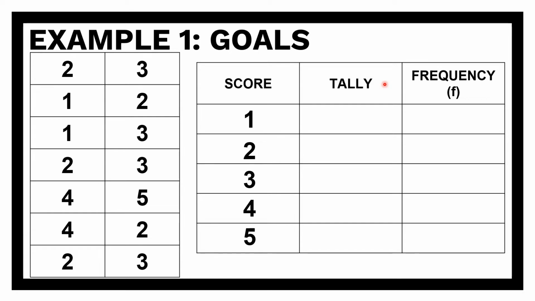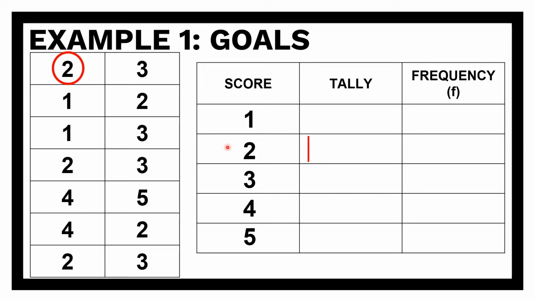So here is how we will do the tallying. We will look at the table horizontally as we tally it. Okay? So the first score is 2. So I am going to put one tally mark on the row of 2.